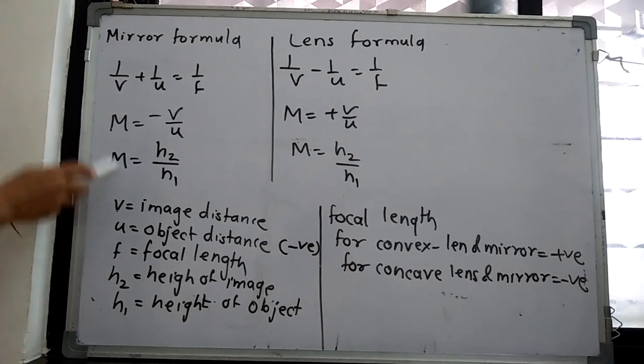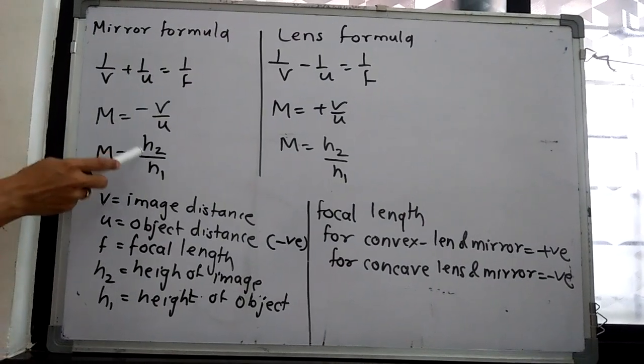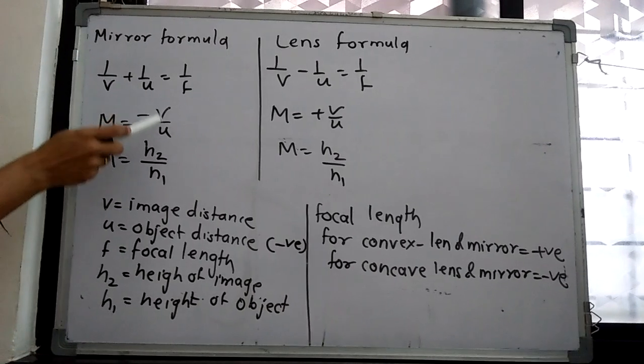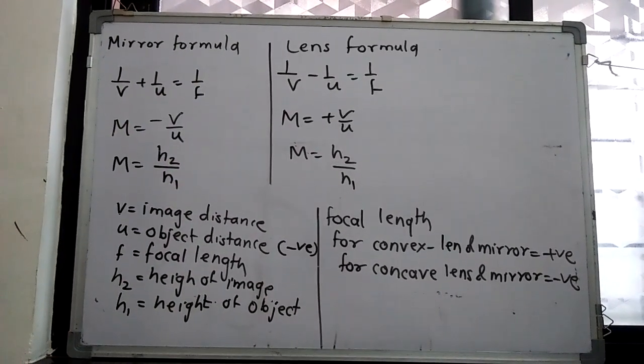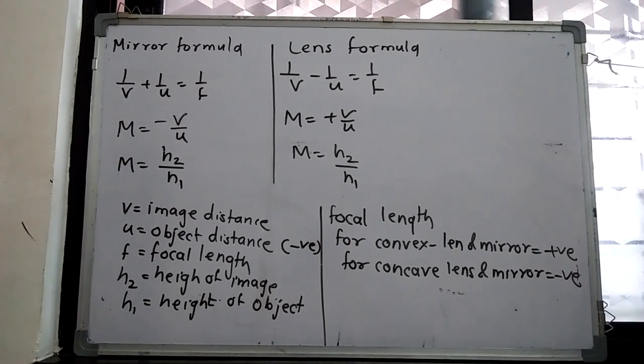And magnification is also studied by taking the height of the object and image, that is H2 upon H1. So for the mirror, magnification is minus V upon U, and for the lens magnification is plus V upon U, and height wise it is the same, magnification is H2 upon H1.